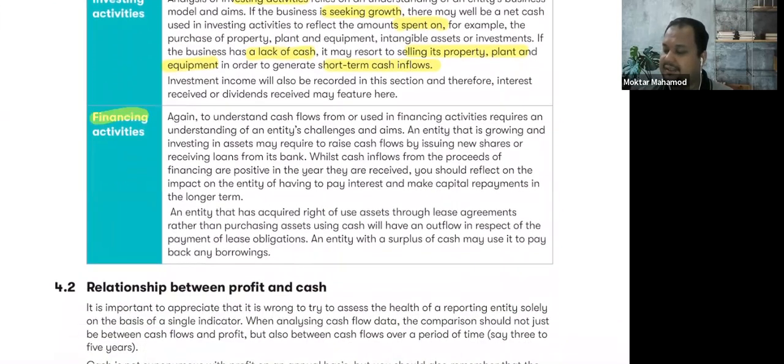Financing activities. So this is two main area will be the equity and borrowing. Okay. So they will receive loan from the bank. It doesn't mean that the company with huge amount of borrowings is not good.